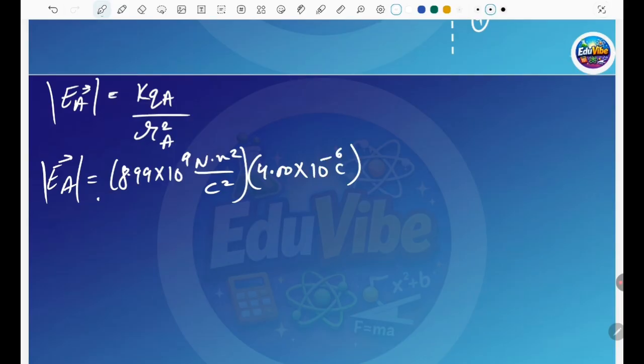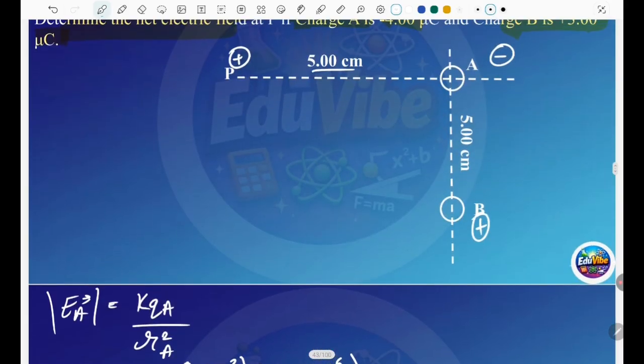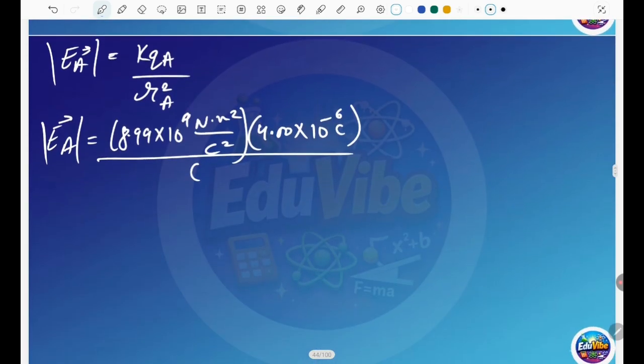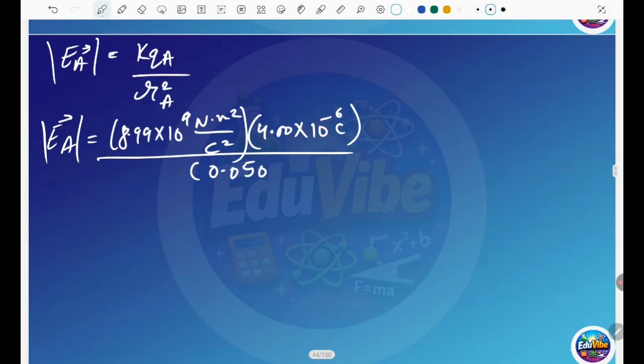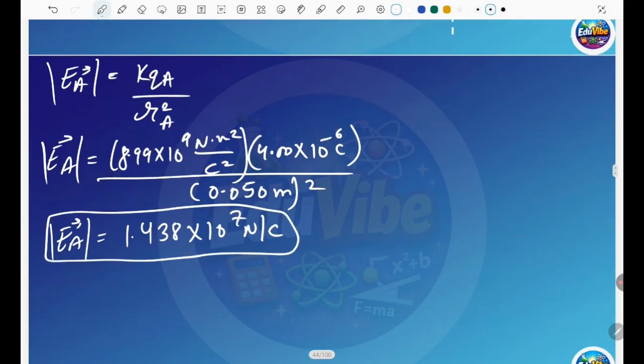Not a negative of this, because we take the sign into account for directions. The distance is 5.0 centimeters, which in meters is 0.050 meters, squared. When you calculate EA, you get about 1.438 into 10 raised to power 7 Newton per coulomb. So this is your EA.